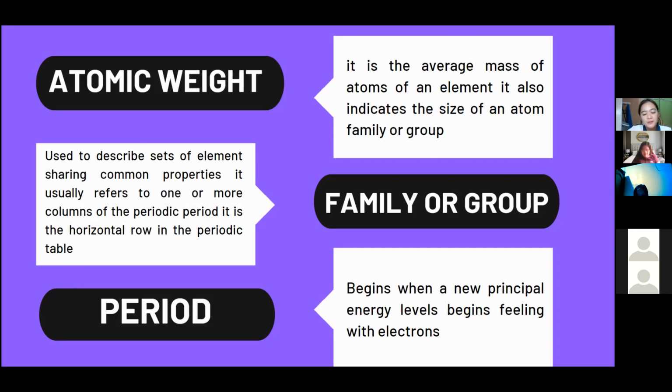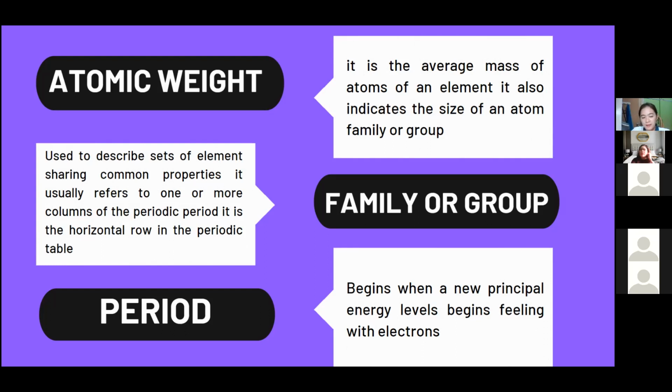Family or group is used to describe sets of elements sharing common properties. It usually refers to one or more columns of the periodic table. Where can we see family or group? These are the ones at the top, the ones Ira mentioned earlier: the halogens, boron group, alkali metals. Those are the families or groups. They go downward, as you look down the table.